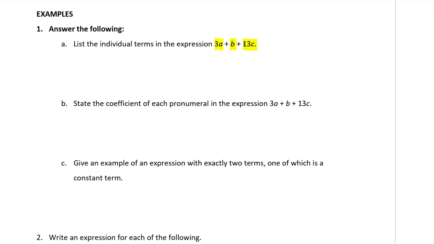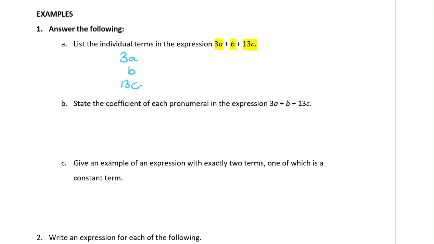As I read that, I've highlighted the plus, and if there were minus signs as well, we would do this. The plus and minus signs split up the terms in the expression. So this one has 3 terms. I'll write them as a list: 3a is the first one, b is the second term, and 13c is the final term.